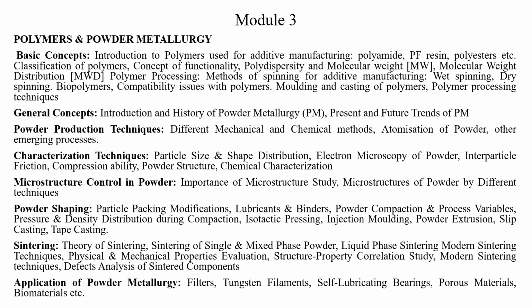And we will discuss how the powder production takes place, what are the different techniques, and what are the characters in that, and how to control the microstructure and shape of the powder. And we will also discuss what is the meaning of sintering, and at last we will discuss the application of powder metallurgy. Basically, this module 3 is all about powder metallurgy and polymers.